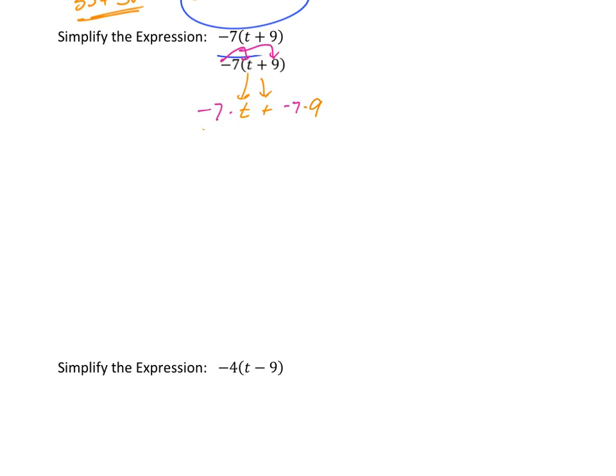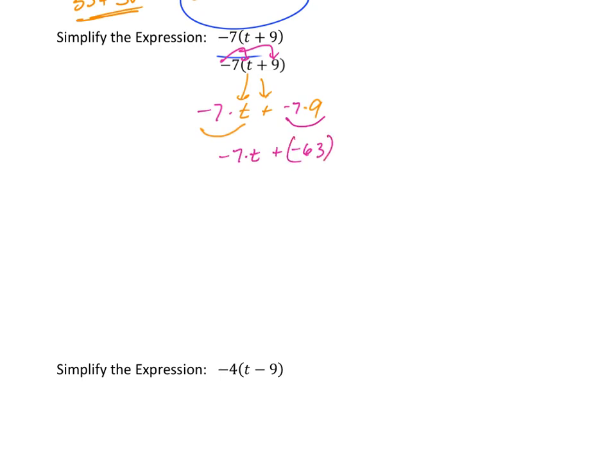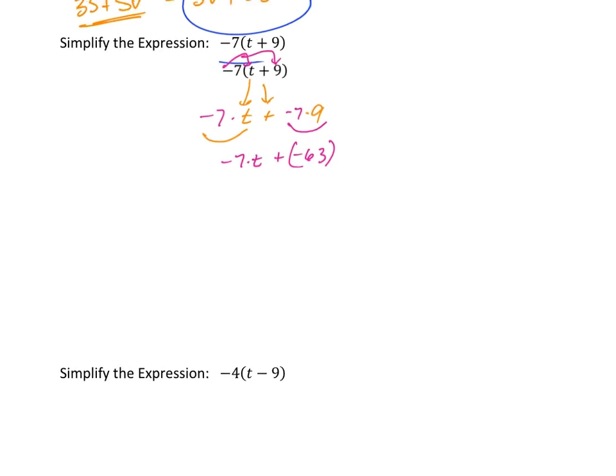Okay, -7 times t is just -7t. And -7 times 9 is -63. And since this isn't the simplest form, this is an acceptable answer, but your simplest form would be -7t minus 63, because you got to take it all the way down.